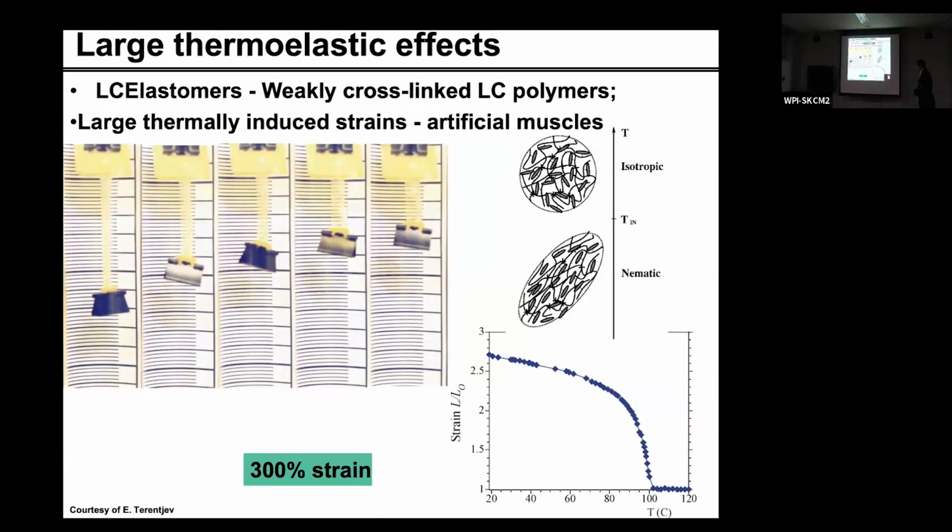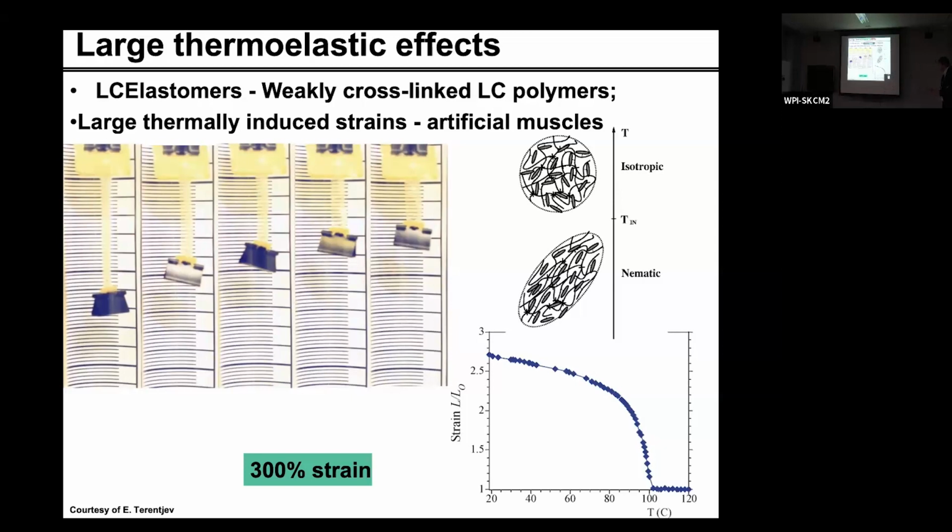So, for example, in this illustration, you can see a very dramatic effect that takes place as you simply have this nematic rubber or liquid crystal elastomer, and you change temperature. Originally, for example, you have it in a nematic state, and then you increase temperature, it wants to expand in direction perpendicular to the director or average ordering direction and shrink along its axis because you're disordering these molecules, right?